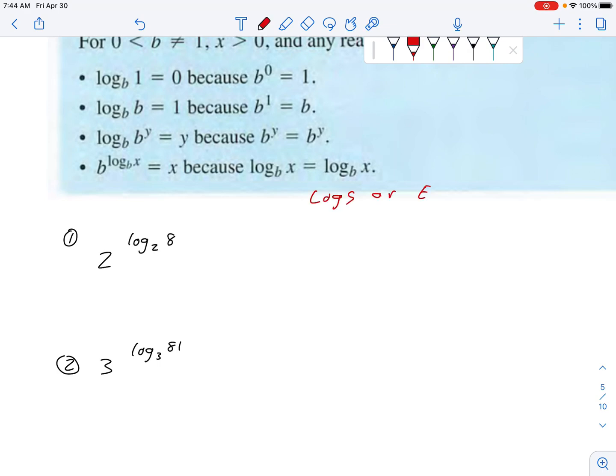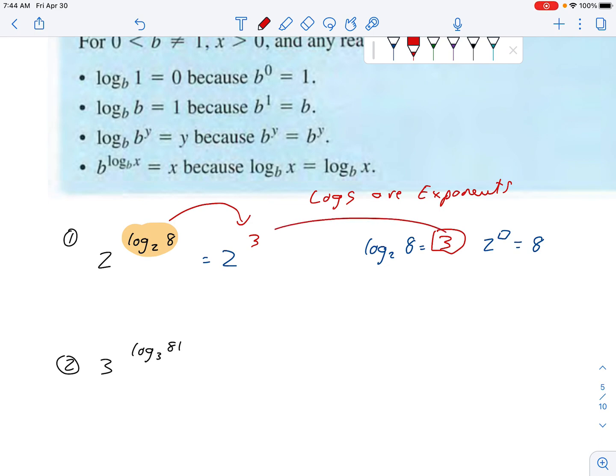So what does this mean? Logs are exponents. If I take a look at just what's up here, and I say log base 2 of 8, meaning 2 to what power gives me 8? And that is 3. So if I say this is 2, logs are exponents, to the third, that's just 8, that number.